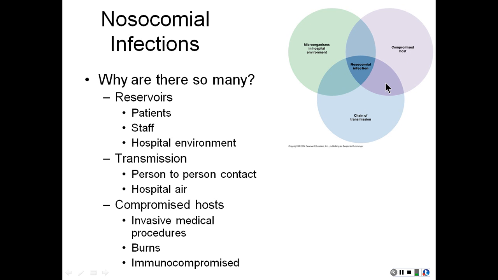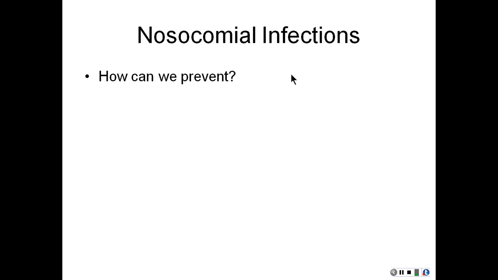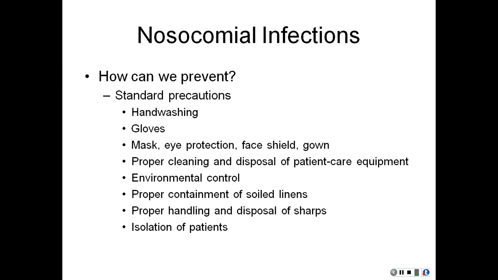Compromised hosts. If you have somebody who's severely immunocompromised, you can move them into a special room too and pull them away from the general hospital population. So once you understand how these things are spread, you can take action to try and lower them. And so standard precautions of hand washing and gloves and eye protection and mask, all of these things can help with the person-to-person transmission.